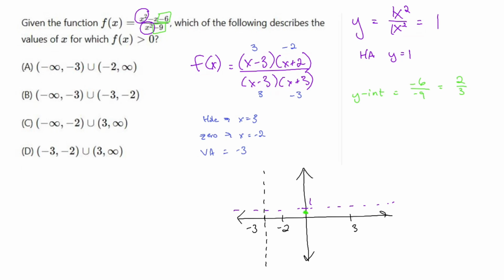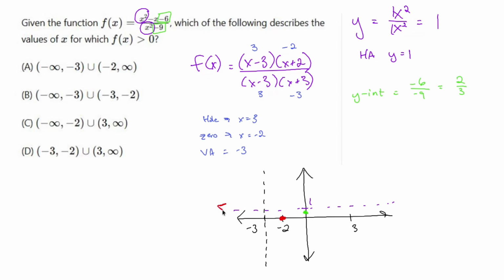Okay, so let's again evaluate what we have. We have a hole at 3, and this is going to go through negative 2. Now it levels out at 1. Starting from the left, I have a picture that levels out at 1, but doesn't go through any zeros at all, and then all of a sudden explodes at negative 3.